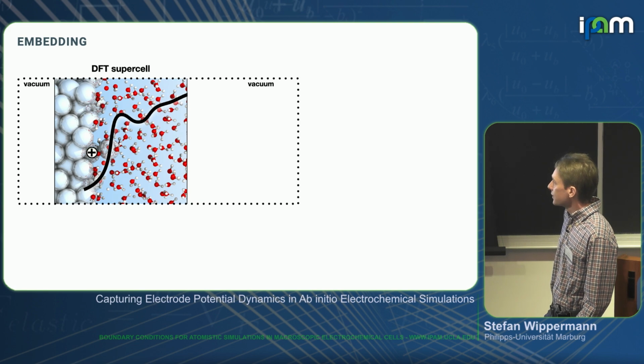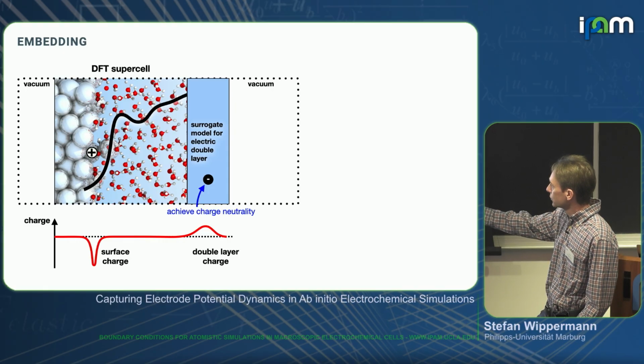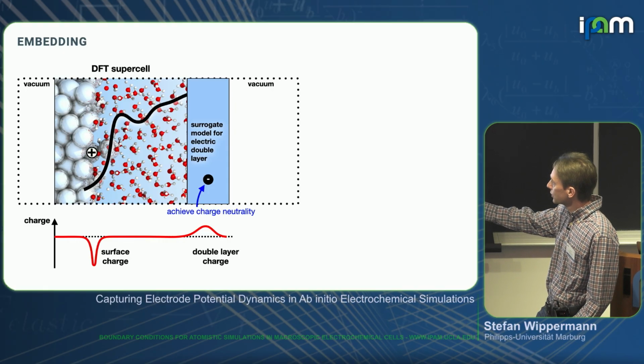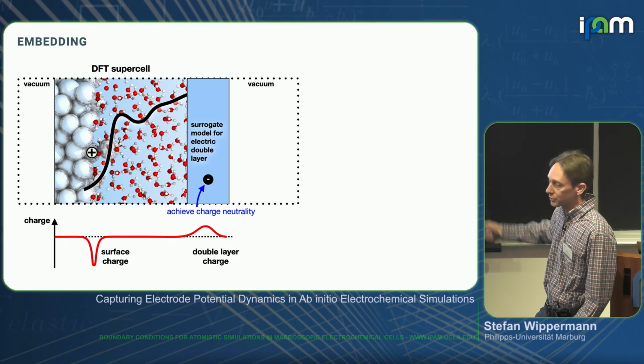The way we typically do this is by introducing a surrogate model that goes here after we truncate the double layer. The surrogate model contains the charge that we have now cut off. Usually we'd have this long exponential decaying tail. So there is some charge left in the double layer, and this charge goes into the surrogate model.